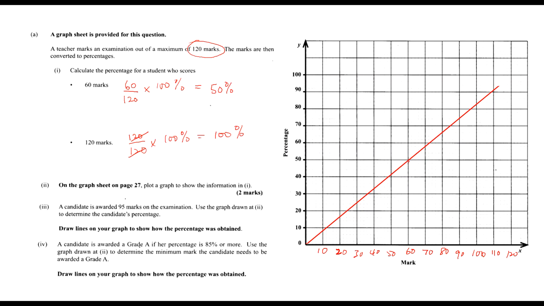Now they said a candidate is awarded 95 marks in the examination. Use a graph to determine the percentage. So what you need to do is draw a vertical line at 95, which is midway between 90 and 100, and get the percentage.